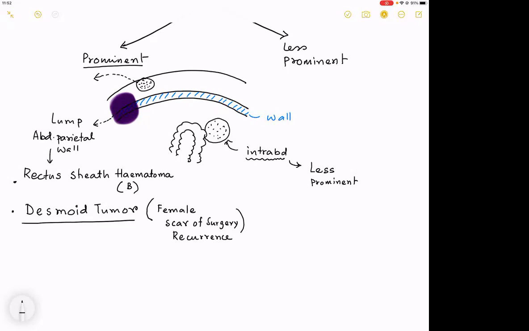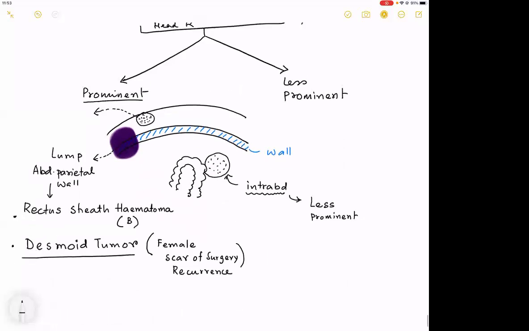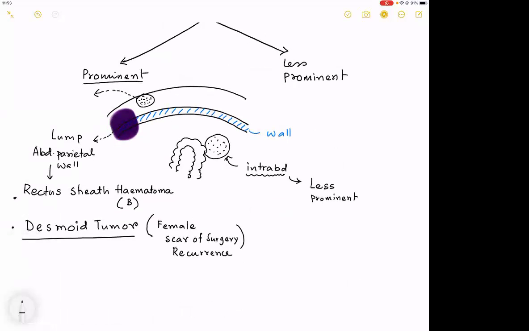Now the question is, what will happen to these lumps if you go by the head rising and leg rising? What do you think will happen to these lumps? This is an honors question. Will the prominence change?